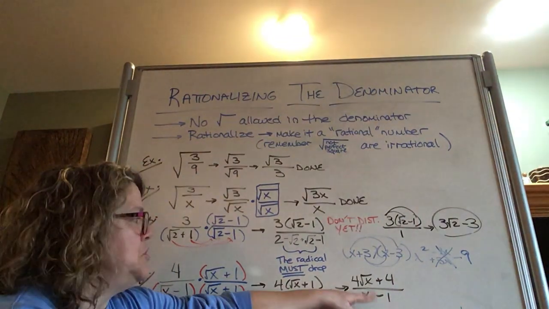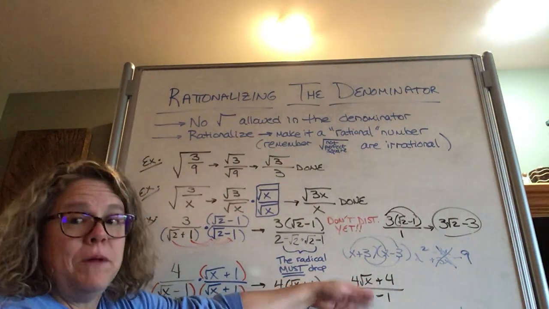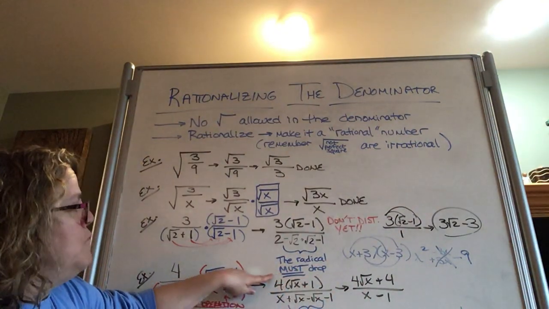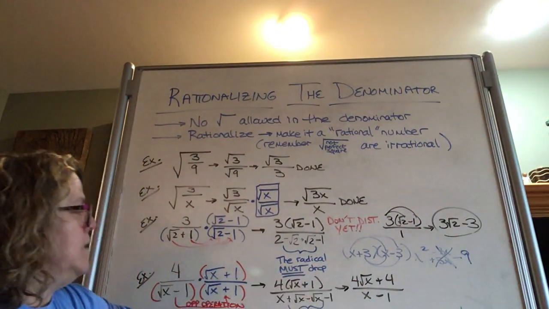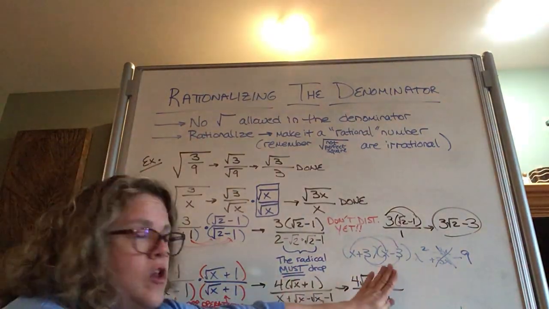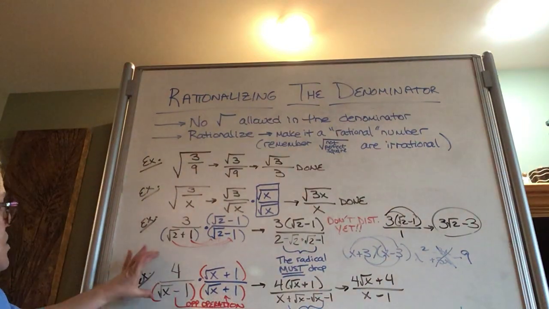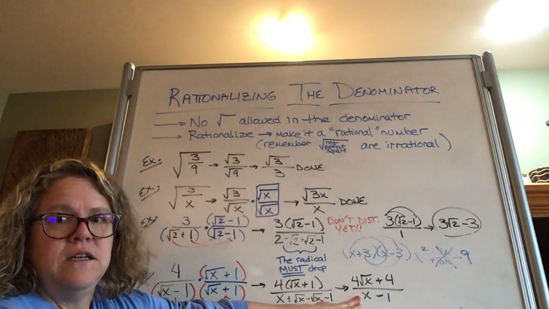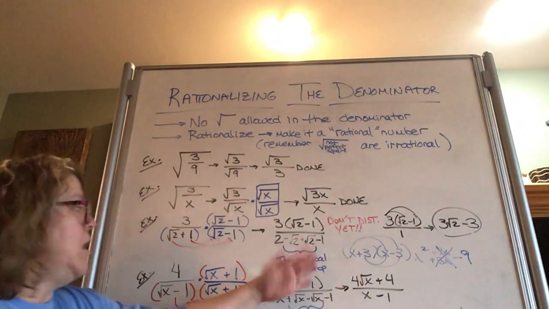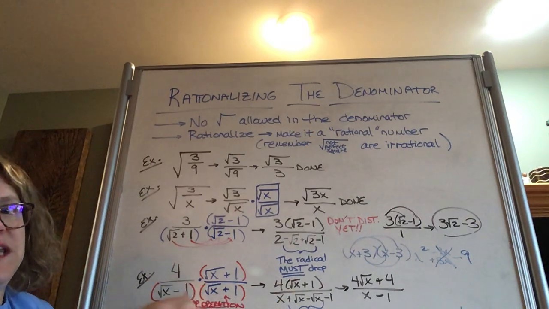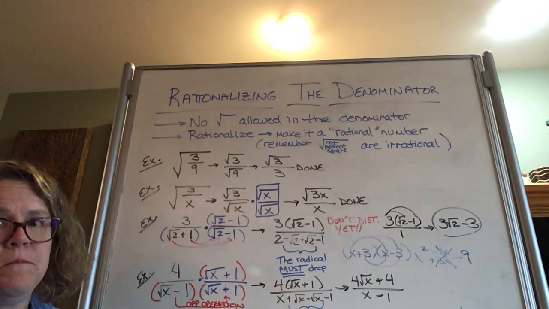I'm not going to be able to reduce, so I'm going to go ahead and distribute my numerator. 4 times radical x is 4 radical x, and 4 times 1 is 4. So that's all I can do. I started with this, I end with that. It looks complicated, but all I really did was multiply by the denominator with the opposite operation.